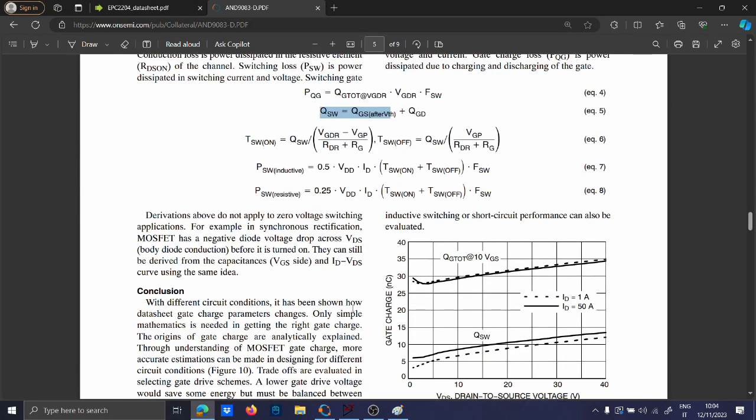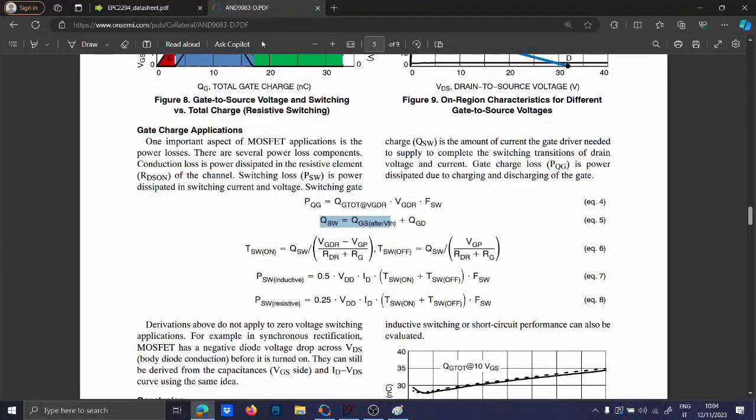So as you can see, it is very useful to consult the application note, because it is the best way to have reliable results. The Q switch is used here, and the T switch is calculated by a simple theorem. It relates the charge, resistor, current, and time.